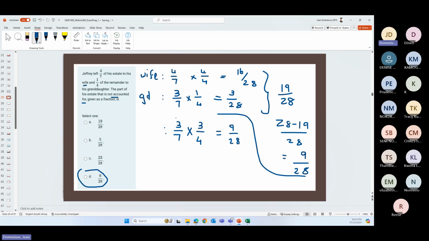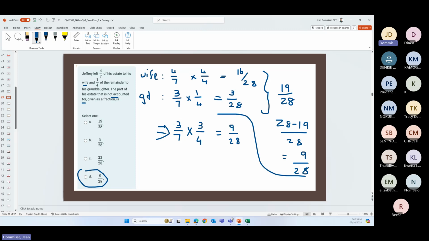So the easiest way is to say, well, they told us that what is left will be divided, a quarter to the granddaughter, and the rest is unaccounted for. So that rest is 3/4.